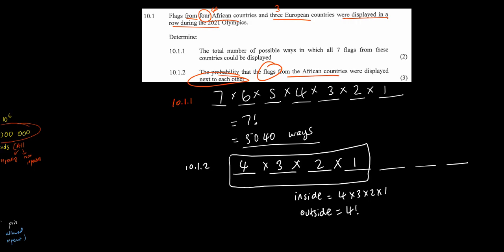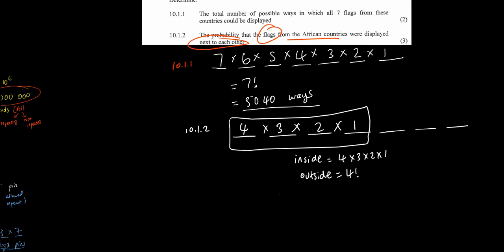So good people, the number of ways in which they can be displayed next to each other is going to be 4 multiplied by 3 multiplied by 2 multiplied by 1 multiplied by 4 factorial. So you say 4 times 3 times 2 times 1 times 4 factorial. Guys, the answer is going to be 576 ways.